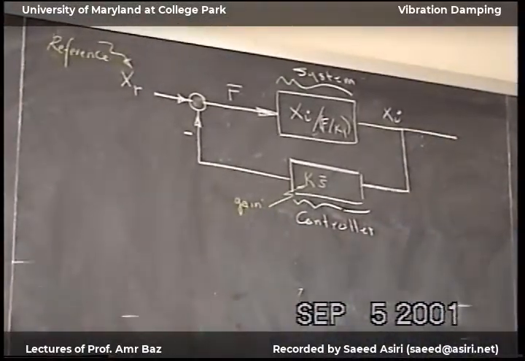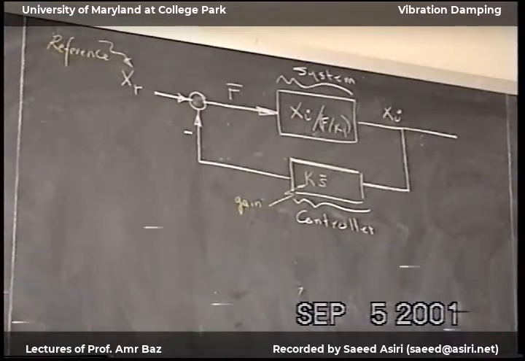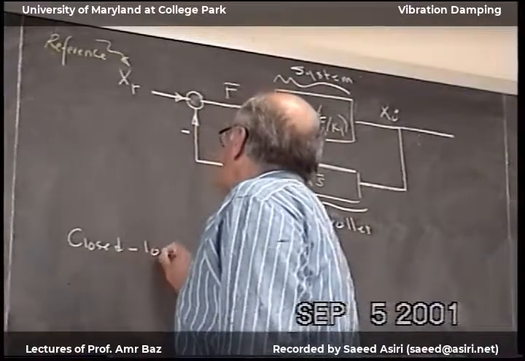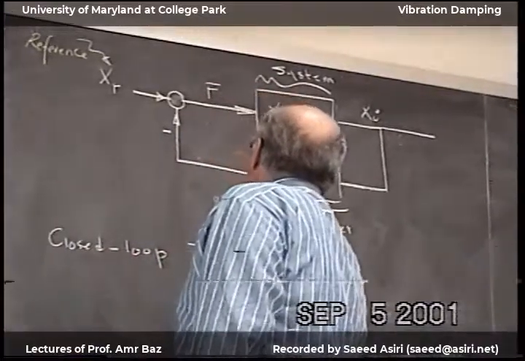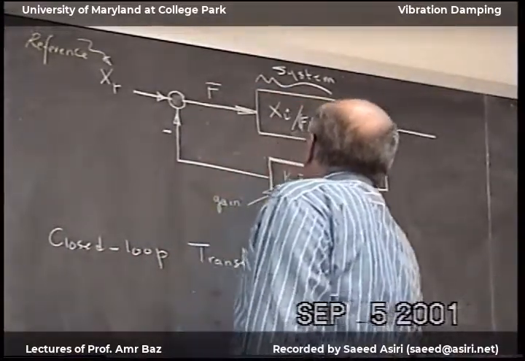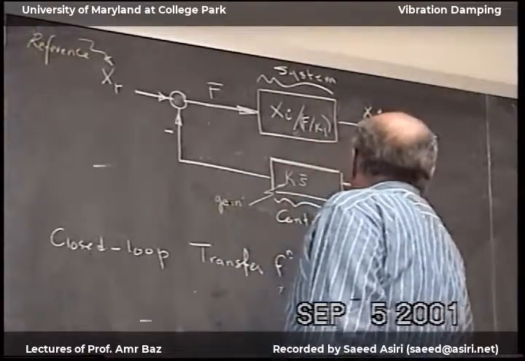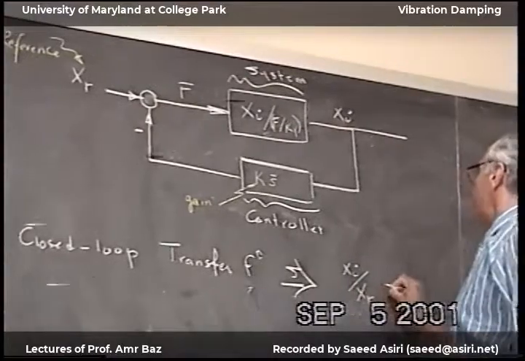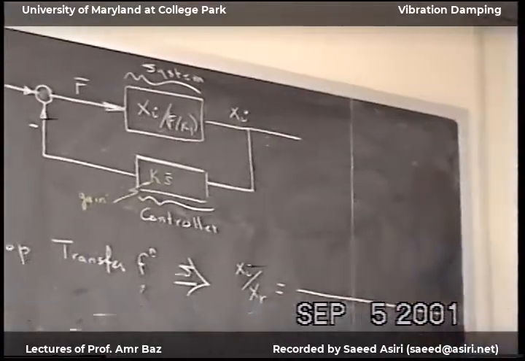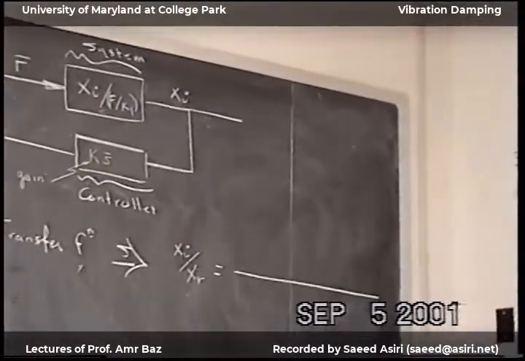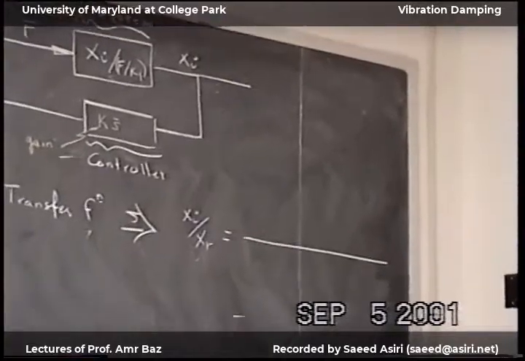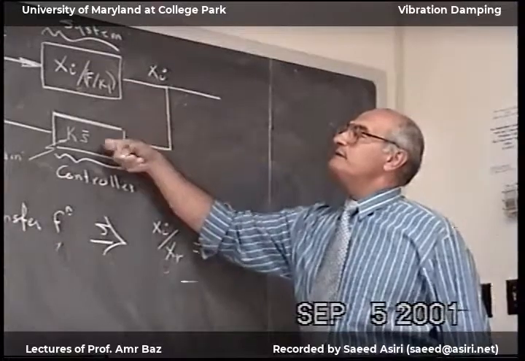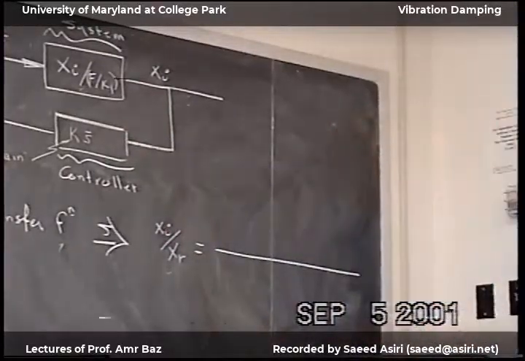Okay, now when I combine these two, then the closed loop transfer function will be relating the output to the input, and this will equal to this times this.